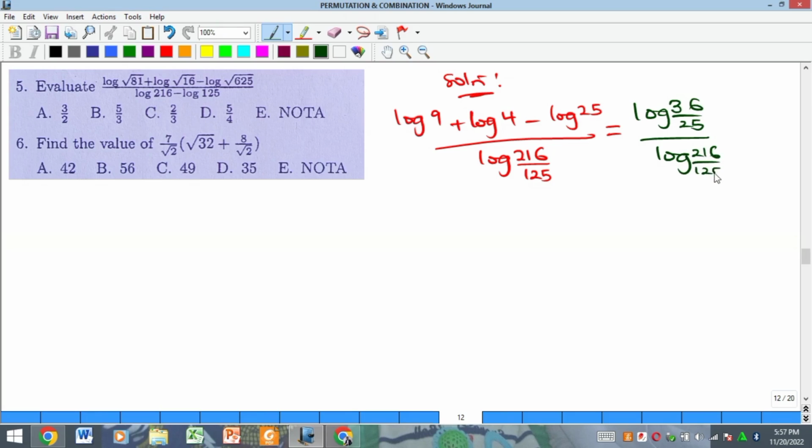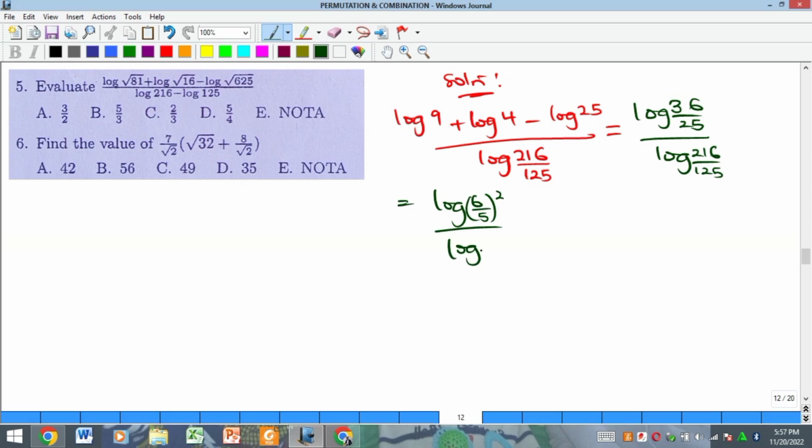And now what do I do from here? I can see that all of these are perfect squares, while these are perfect cubes. So this can actually give me log 6 over 5 all squared. Of course, if you open this bracket, you will get back your 36 over 25.